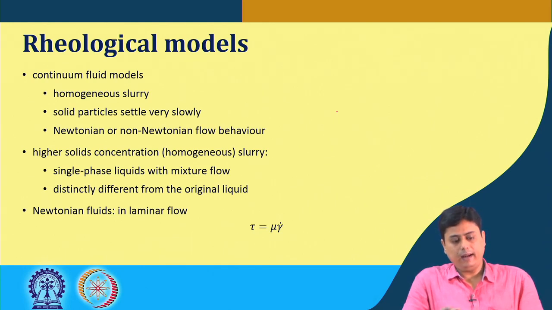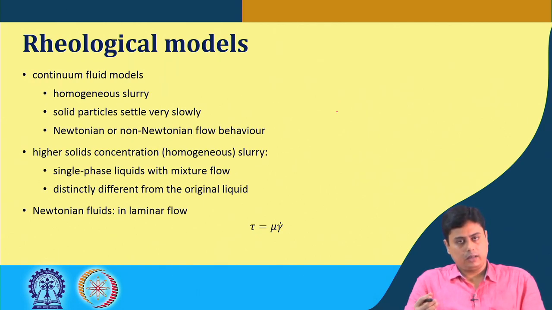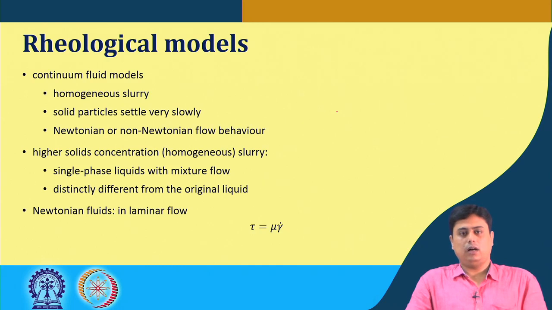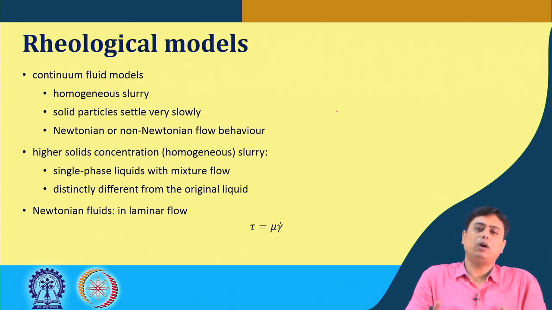So, on that note, when we try to model or estimate this kind of slurry, we typically assume that this is a single phase flow with the mixture properties, and its characteristics are completely different from the original liquid. Original liquid means when it was without any solid particles.